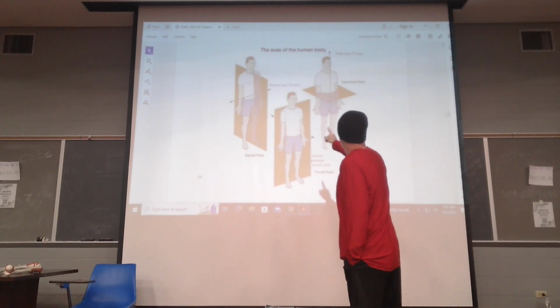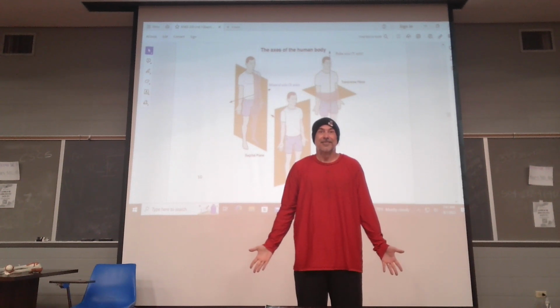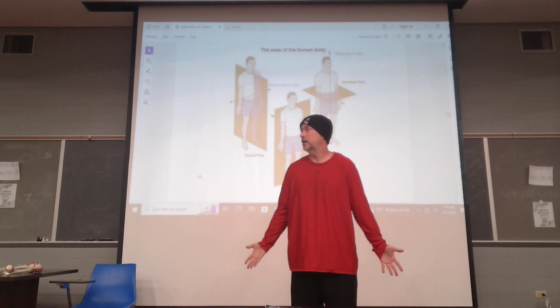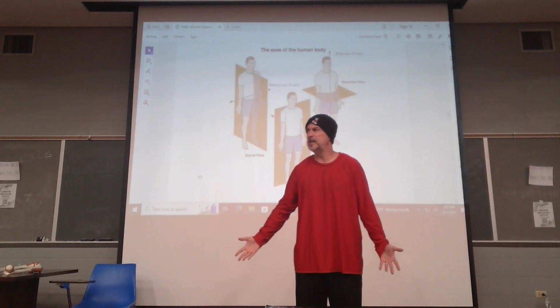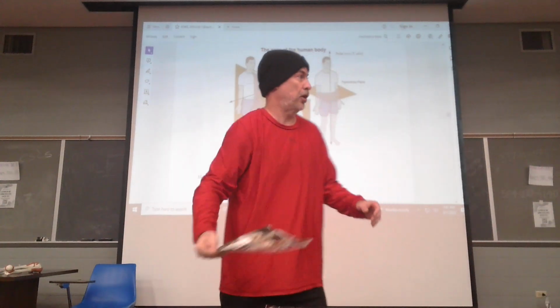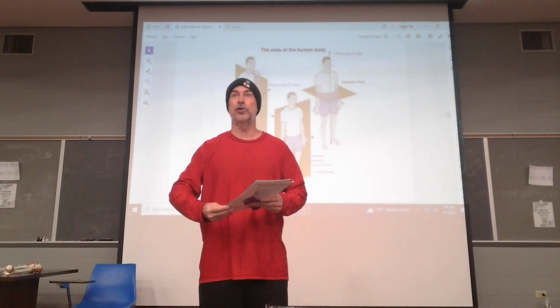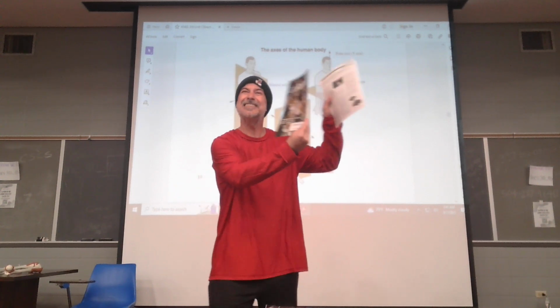Sagittal plane, frontal plane, transverse plane, but the dude is just, what does that mean? I'm just seeing a fixed picture. And I have to imagine planes, and then, frontal plane separates the body into front and back halves, okay?